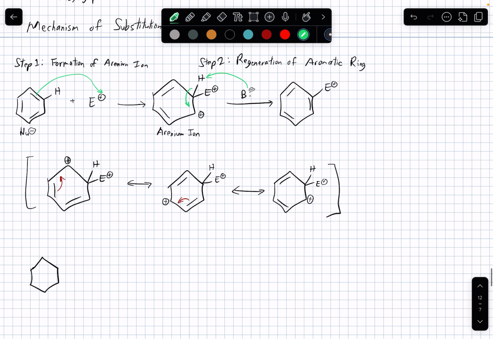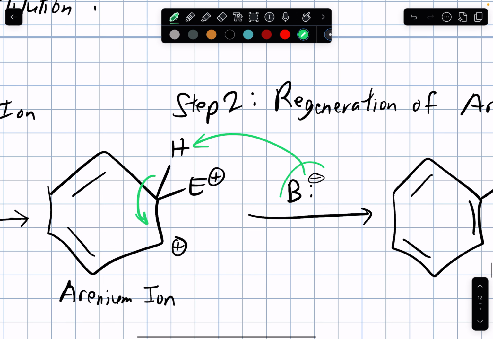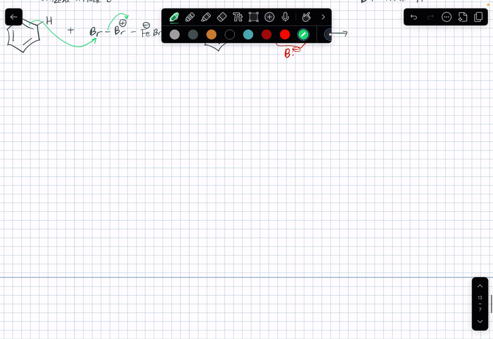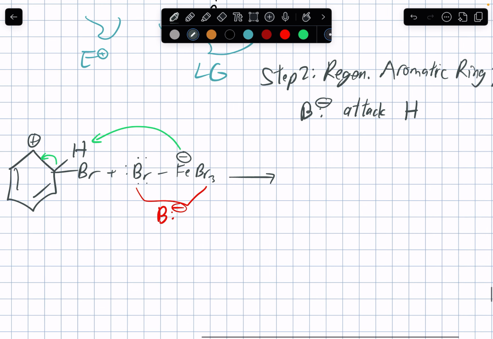Where is that? Yeah, this one. So the base is negatively charged. It makes sense for our iron to be negatively charged. We connect it to the hydrogen. The bond that connects to the hydrogen is moved here. Therefore, what you get is that. And then you now have bromine. The hydrogen is taken by this base.